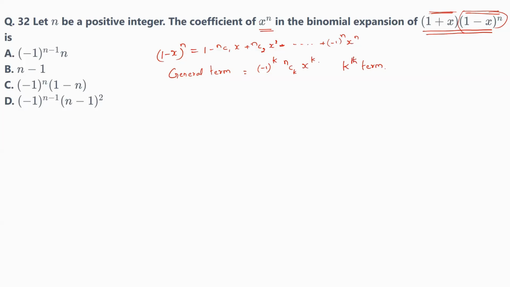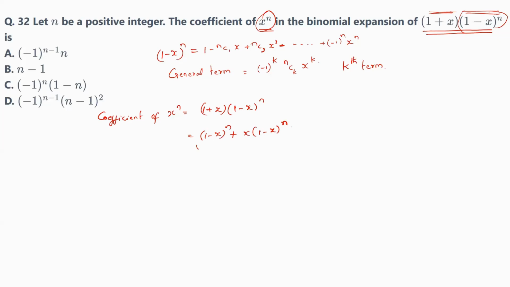Okay. Now, how do you get the coefficient of x power n? The coefficient of x power n is obtained by considering two things. (1 - x)^n, I'm just expanding this, plus x times (1 - x)^n, right?